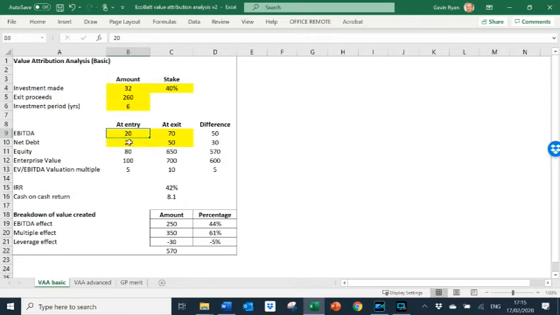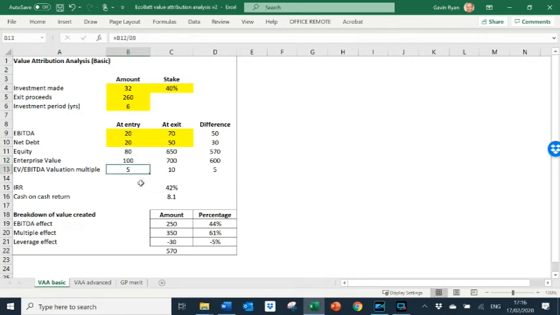My equity investment is therefore 80, which is my 32 million investment for a 40% stake, which translates into an 80 million valuation of 100% based upon my investment valuation. The enterprise value of 100 is therefore my 80 of equity plus my net debt of 20. And that means the valuation multiple at entry of 5 is my 100 divided by my EBITDA of 20, which gives me 5.